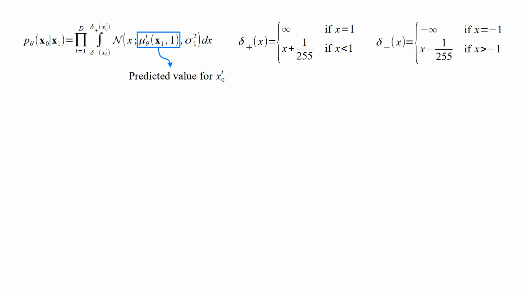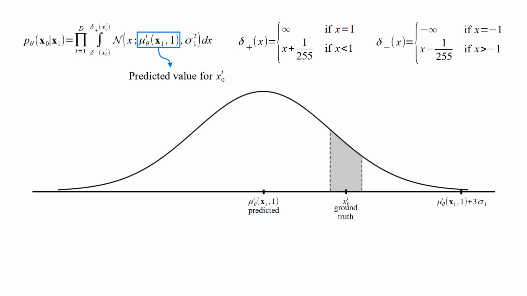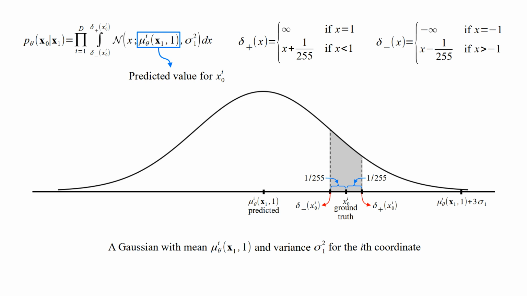Mu theta i is the predicted value for x0i. For the ith coordinate, a Gaussian with mean mu theta i and variance sigma 1 square is used. x0i is the ground truth. And bounds of integral.